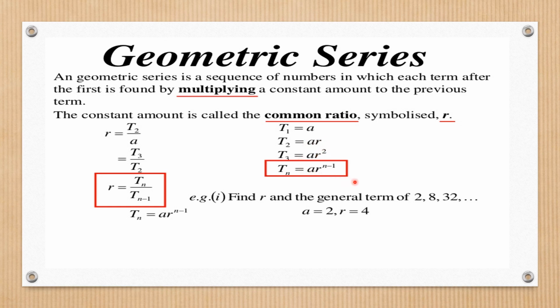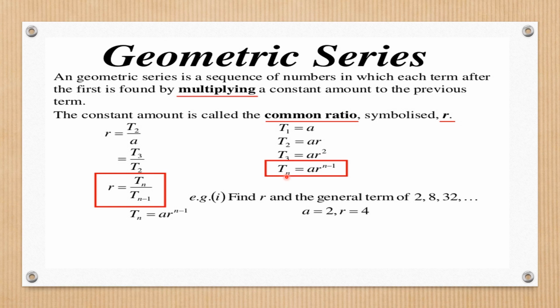So on. Now look at the pattern here. When n is 1, the first term has r raised to power 0, that is 1. When it is the second term, r has power 1, which is 1 less than n. T3 is ar square, again 1 less than n.